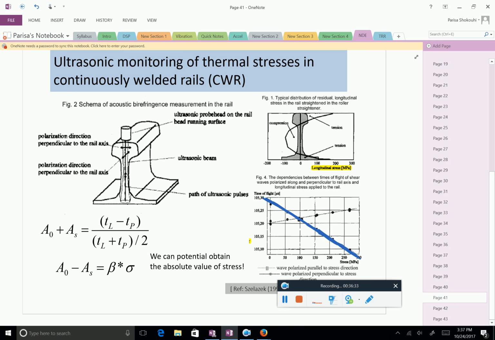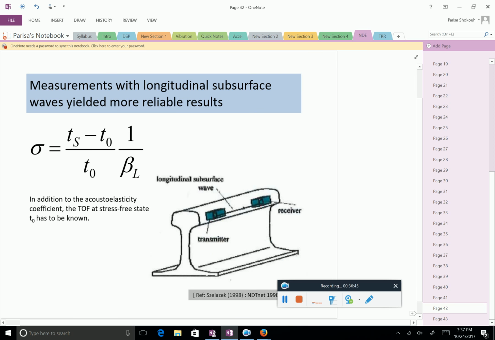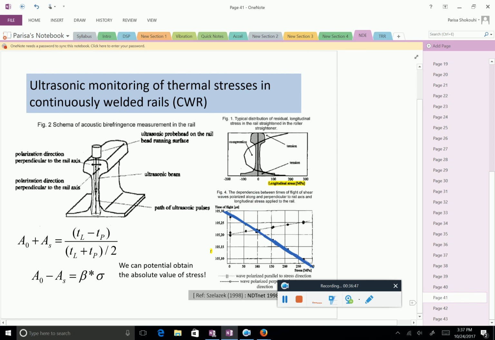And if you look here, the area underneath the stress is 0, so it cancels out if you have this other polarization. It's a very smart way to do that. And if you measure in both directions, you can actually calculate the absolute value of the stress in the rail.